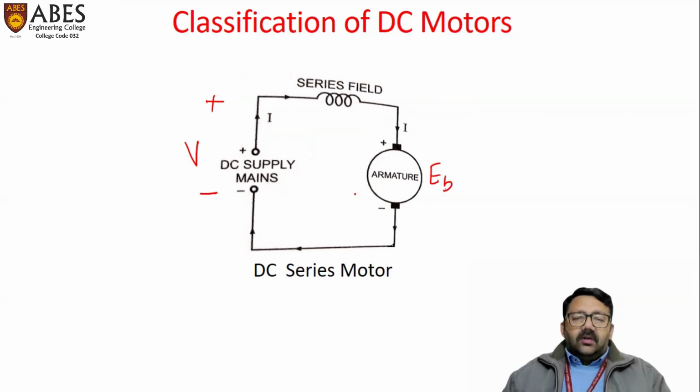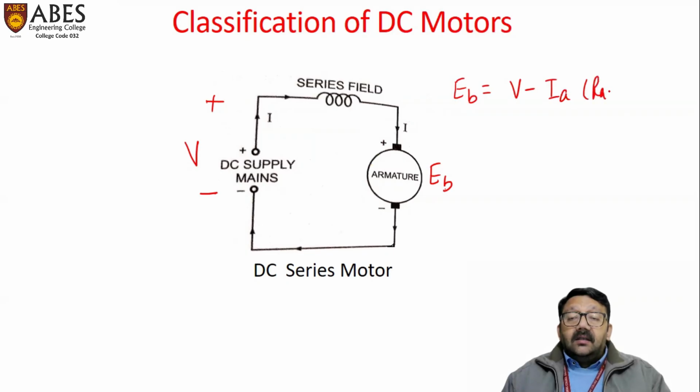For this type of motor, the relation between V and EB is: EB is given by V minus IA times RA plus RSC, minus brush drop, where IA is the armature current, RA is the resistance of the armature circuit, and RSC is the resistance of the series field winding.